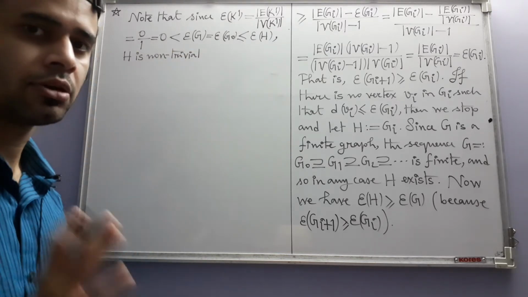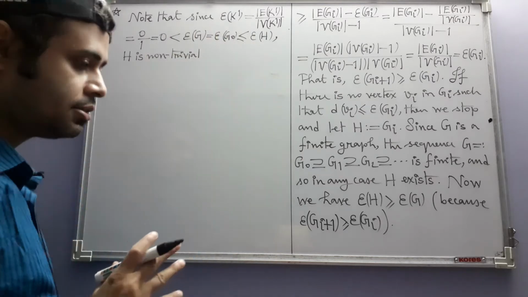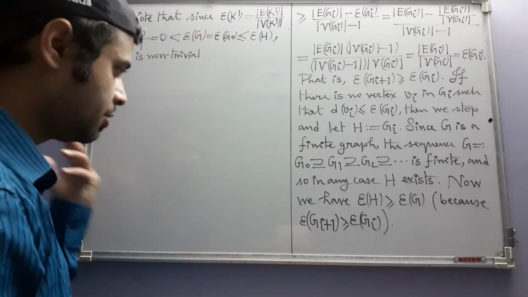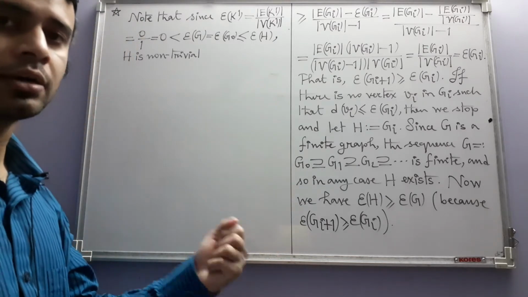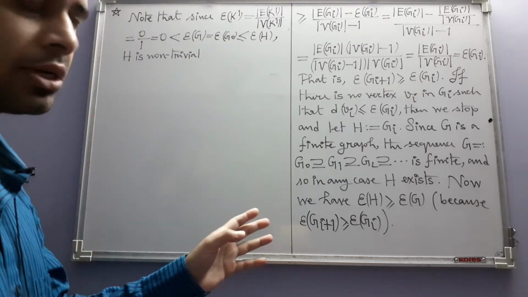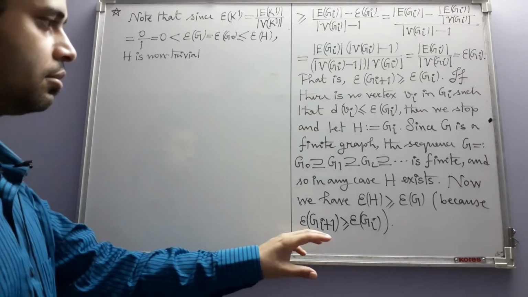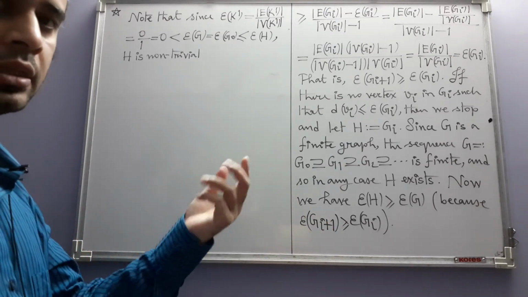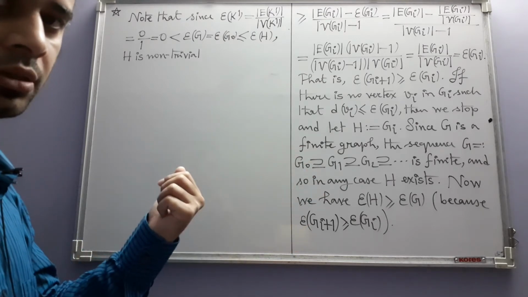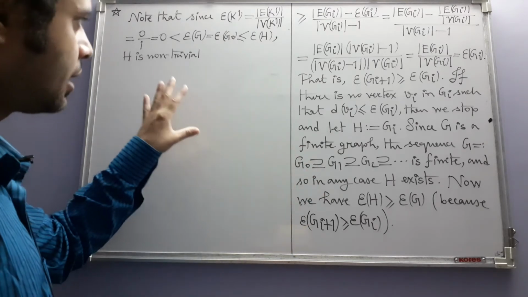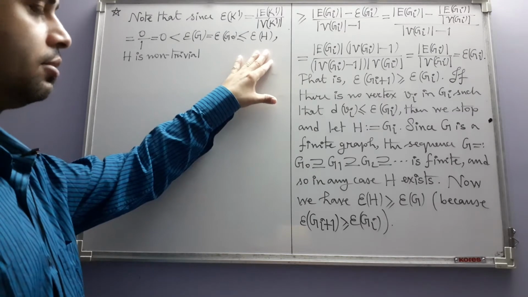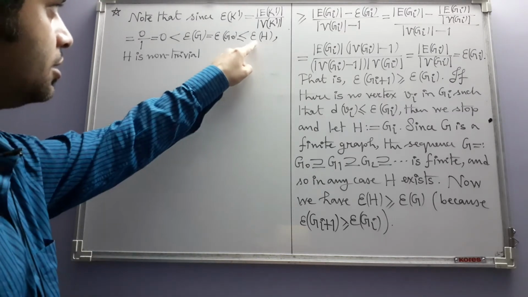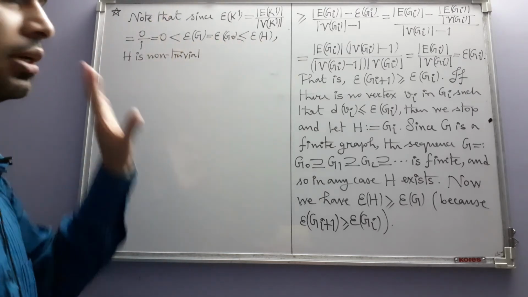Okay, H is non-trivial. That means H itself must have some edge. Although we are going on removing vertices from G to ultimately form H, correspondingly edges are also getting removed, namely those edges that are incident on the vertex that is being removed. But ultimately in H, we will have edges because this ratio has to be greater than 0.